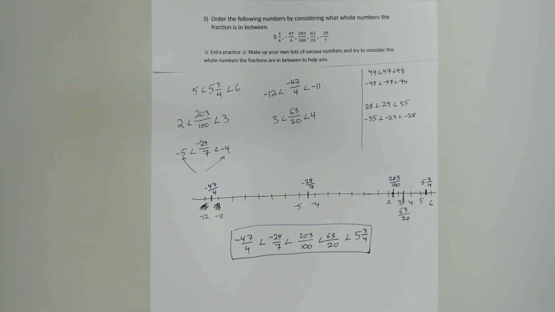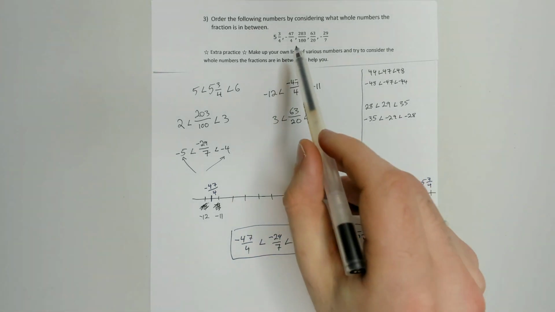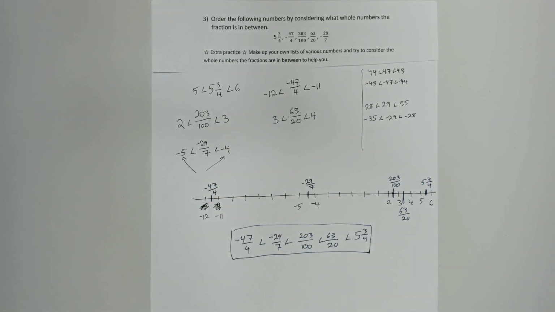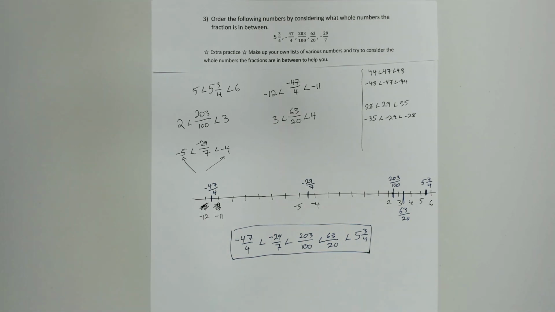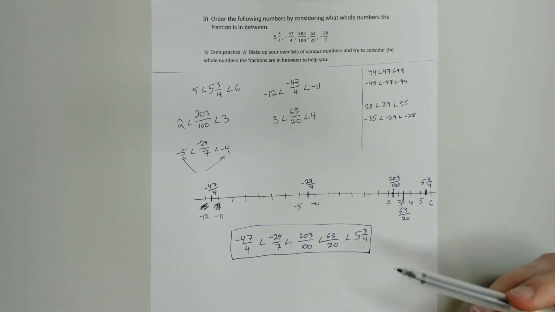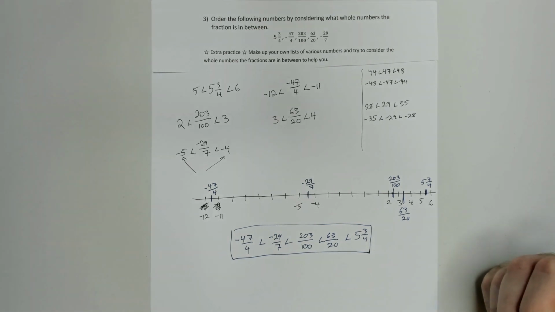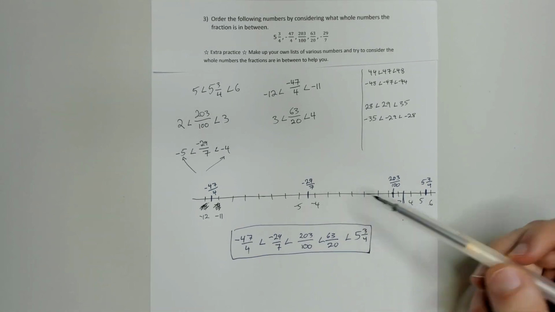So you see how this is a really useful method? Instead of looking for a common numerator or a common denominator, we can just see what values these fractions are all between. And then we can use that to very clearly see which one is bigger than the other. So one maybe shortcoming of this technique is, what if we have two fractions that are both between the same two whole numbers?